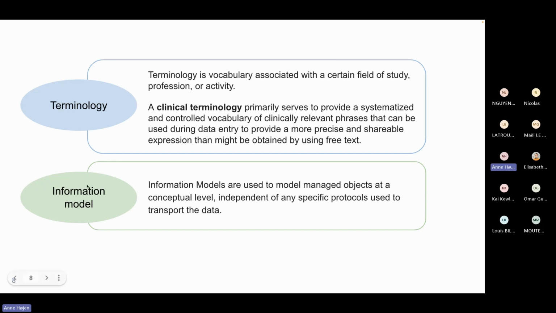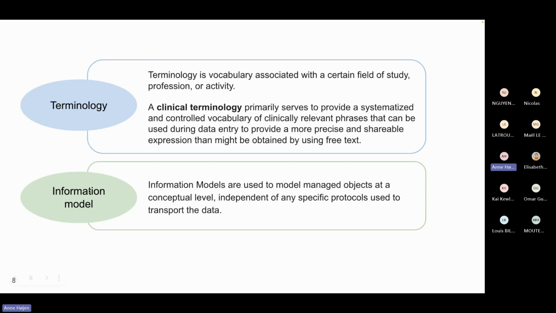The information model, on the other hand, is used to model objects at a more conceptual level. So it could be, for example, if you want to record a blood pressure measurement, or I want to do a request for a procedure. So the groups of clinical information that are required for particular purposes.